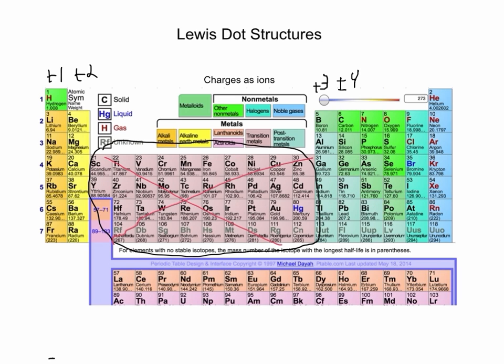In the next column, these all have 5 valence electrons. Is it easier to lose 5 electrons or gain 3? Well, they're going to gain 3, so they will get a negative 3 charge.